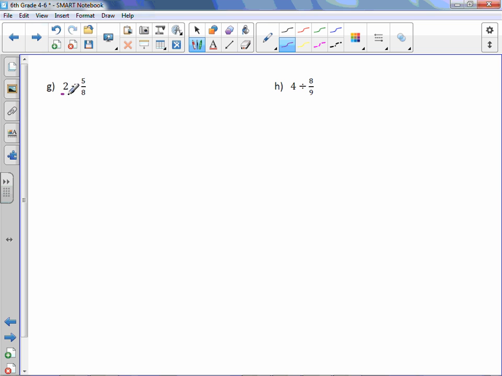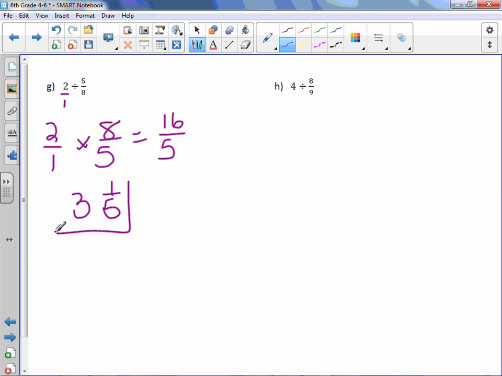Letter G, put your whole number over 1. I will not divide. I will multiply by the reciprocal. We get 16 over 5, which is 3 1/5. Letter H, put your 4 over 1.